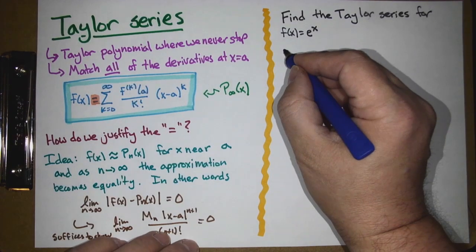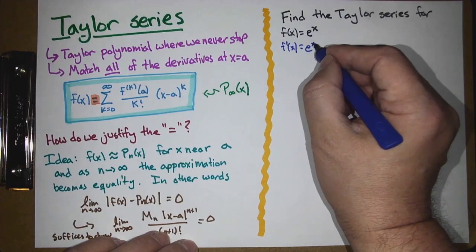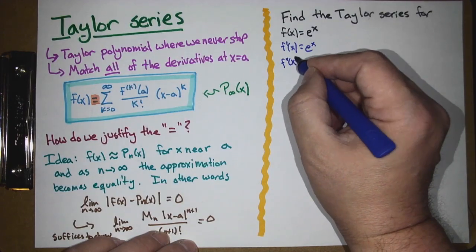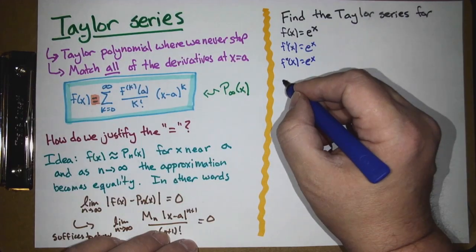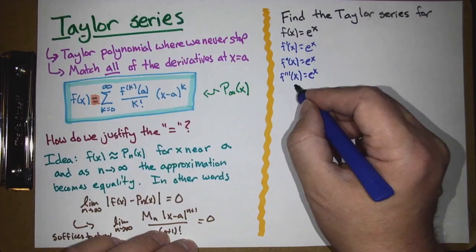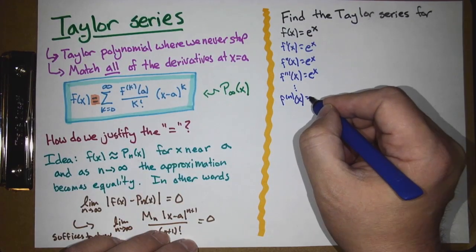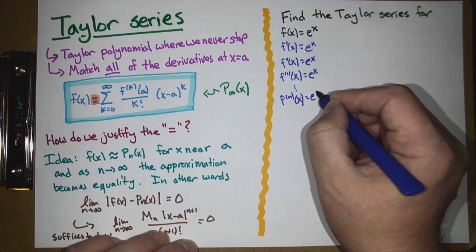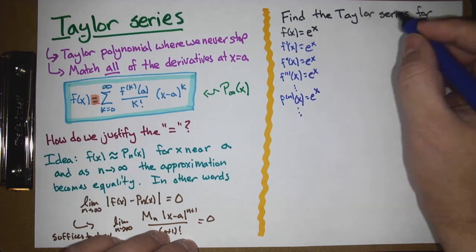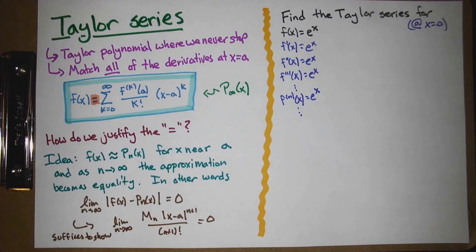What is f prime of x? e to the x. How about f double prime of x? How about f triple prime of x? Have we found a pattern yet? What if I asked you for the nth derivative? Could you tell me what that is? e to the x. I probably should have added at x equals 0, because you should specify the location. But we start at 0, because 0 is our friend.